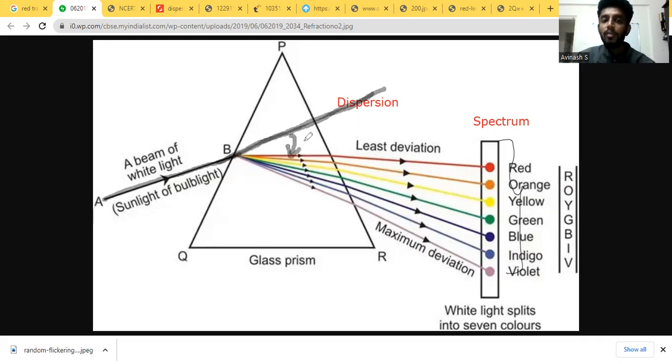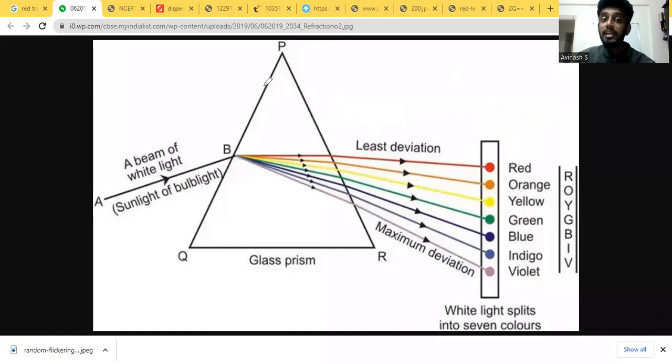And you can see all of the colors have deviated through different angles. After splitting, red color has been bent the least. It's almost a straight line. So it undergoes the least deviation, and the deviation increases as we go downwards, and violet undergoes the maximum deviation, as you can see here.